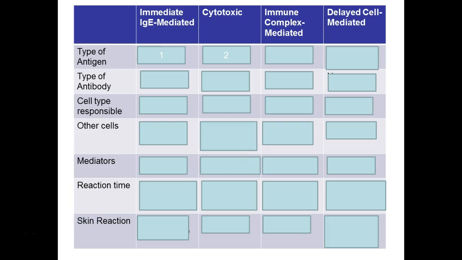I posted it separately in a separate PowerPoint all by itself, not filled in. So there are 4 different hypersensitivities that we're going to talk about. This is a good summary of it, and it's going to be the focus of our lecture for Tuesday, which will be our last lecture. Test on Thursday on all of this stuff.